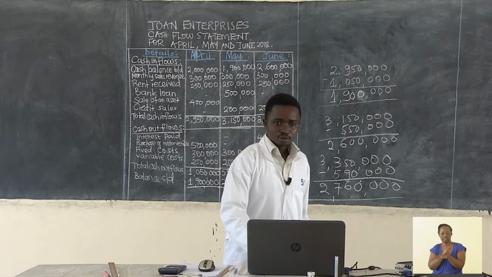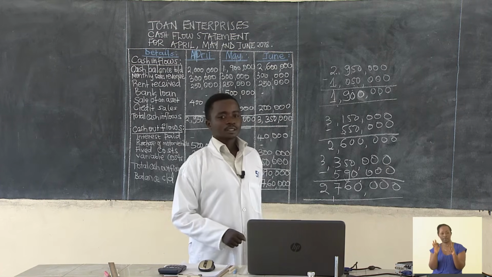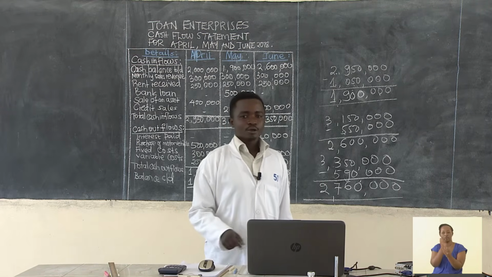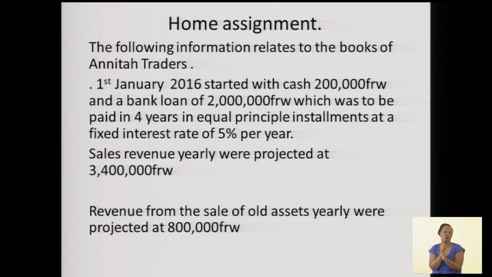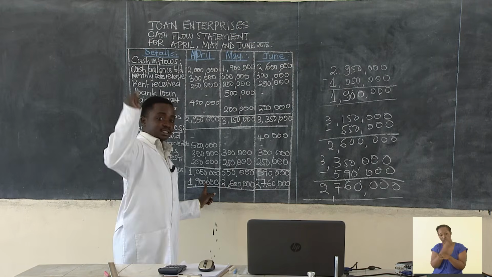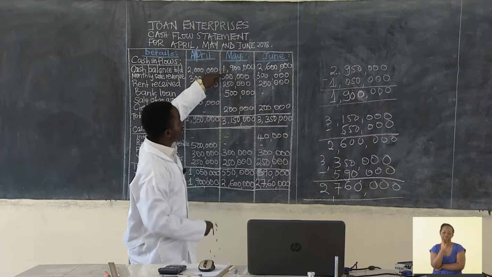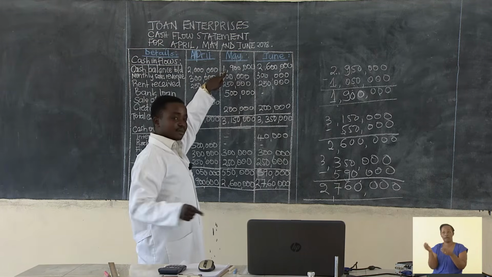So I want you to write the assignment, the homework, and as you try it out, as you write, I will be commenting on some things. If you have a deficit, for example here, if in the month of April we got a deficit, if this 1.9 was a deficit, this deficit must be brought here. You must carry it to the next month. You can't leave it.